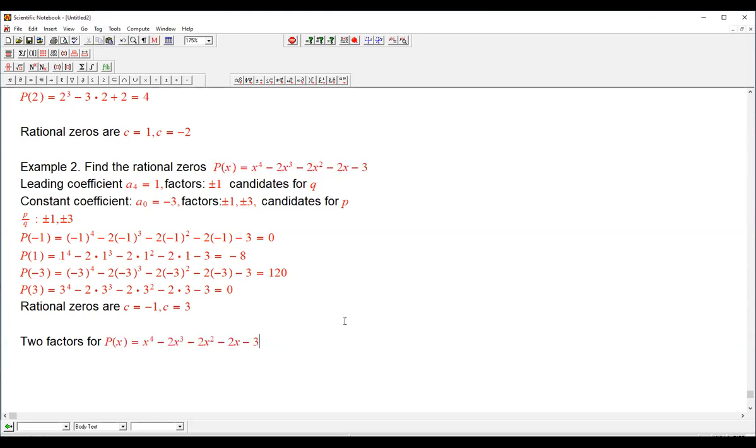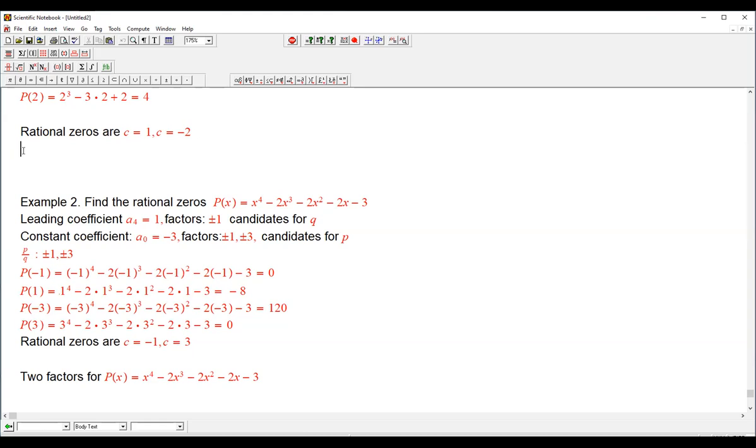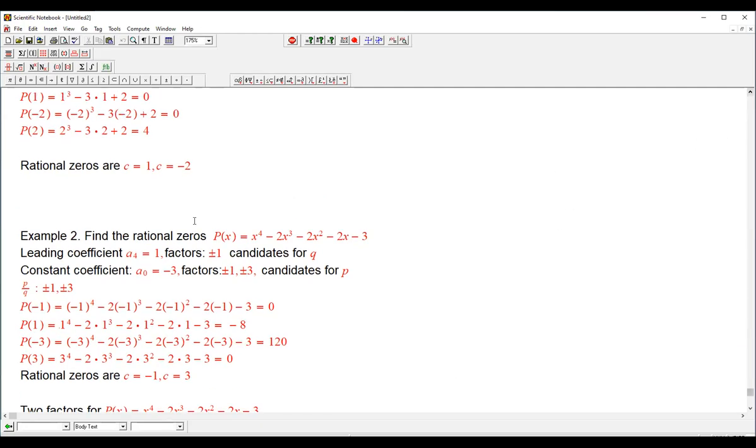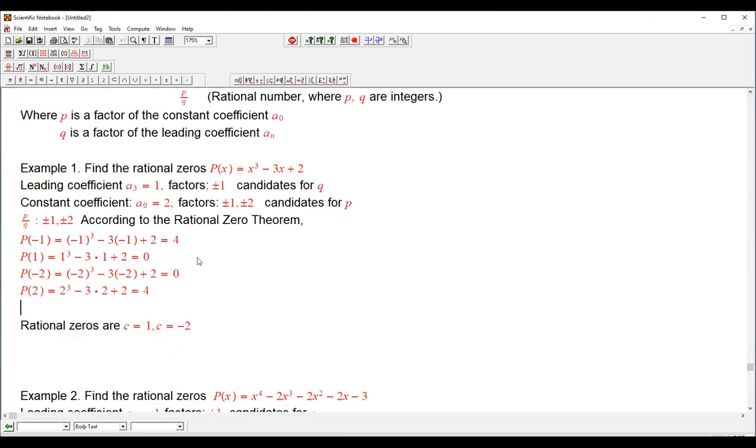What do we do from there? In the previous example, we got two factors for this polynomial. So let's go back to example number 1. For the first example, we get two factors, because these are two zeros.